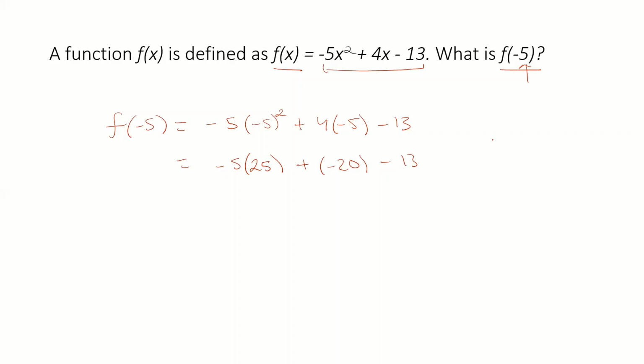And at this point, I'll probably just put it in the calculator. So -5 times 25 minus 20 minus 13. I got my answer to be -158.